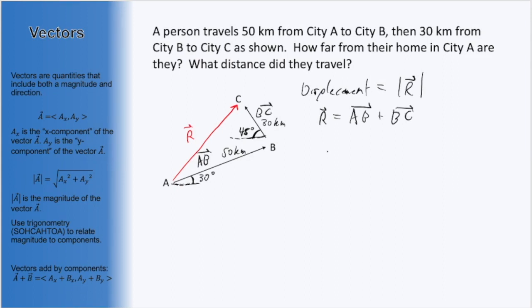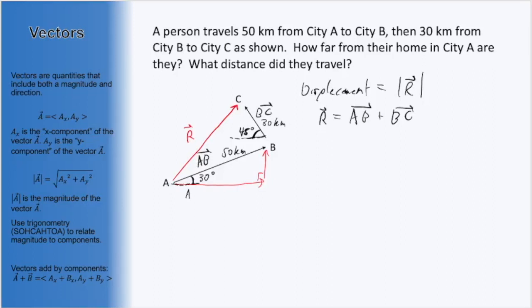In order to find out anything about this resultant vector, we will have to add the vectors AB and BC by components, which means we need to break them up into their components first. AB is made up of some rightward component and some upward component, making our right triangle out of the AB vector.